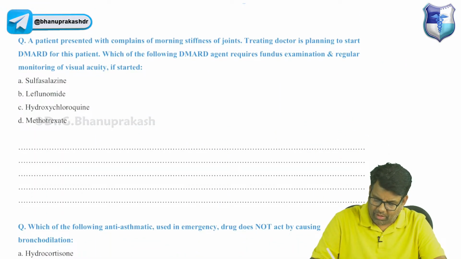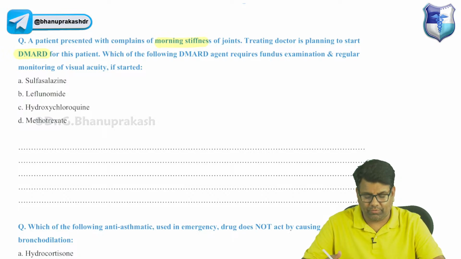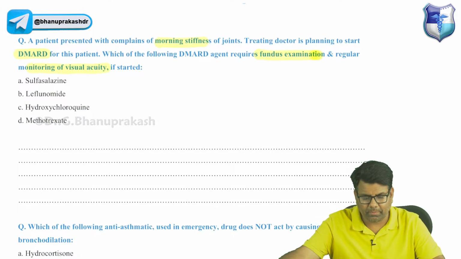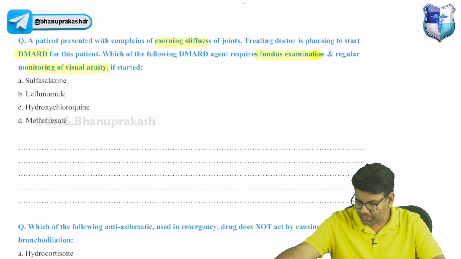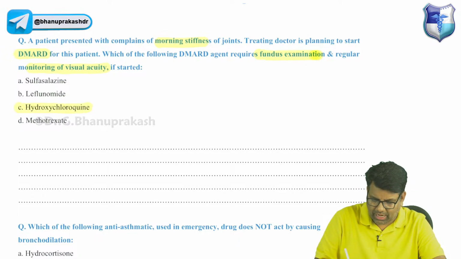Next question. A patient has morning stiffness in joints, and the treating doctor plans to start the disease modifying agents in rheumatic disease. Which one requires fundus examination and regular monitoring of visual acuity if started? Yes, this is hydroxychloroquine, right?